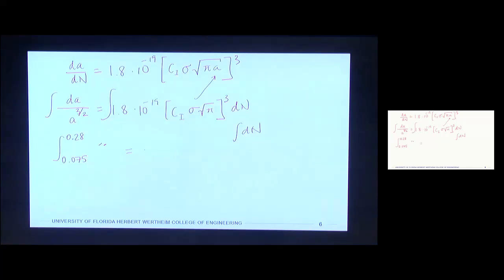And then we'll have our big constant out front on the right side, and we'll integrate from 0, which is how many we could have remaining, up to the number that we do have remaining. Let's call it NF, some final or failure number of cycles. And then the same expression there. So those are our limits.